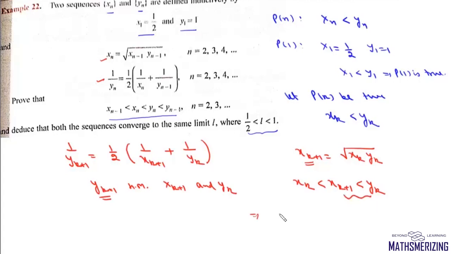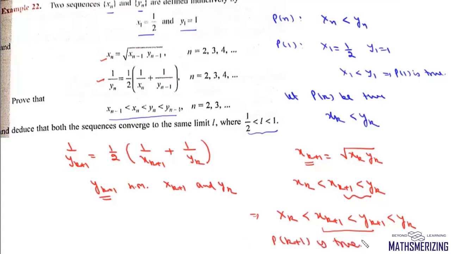So we can write xk is less than xk plus 1 will be less than yk plus 1 and will be less than yk. Now from this we can say P k plus 1 is true.